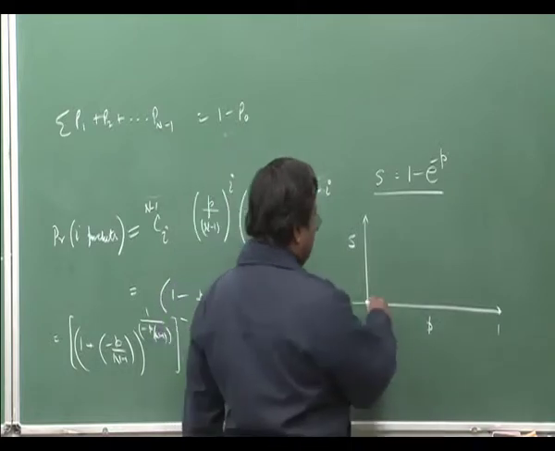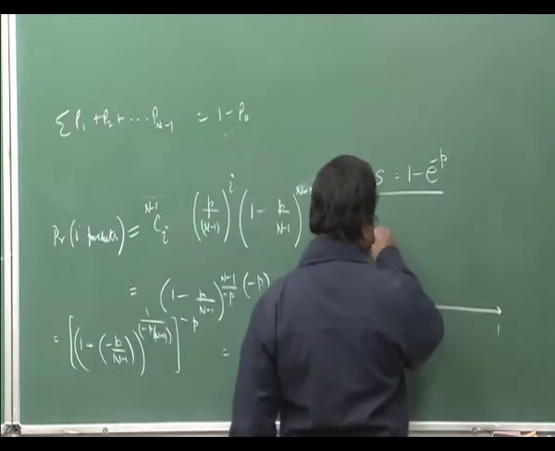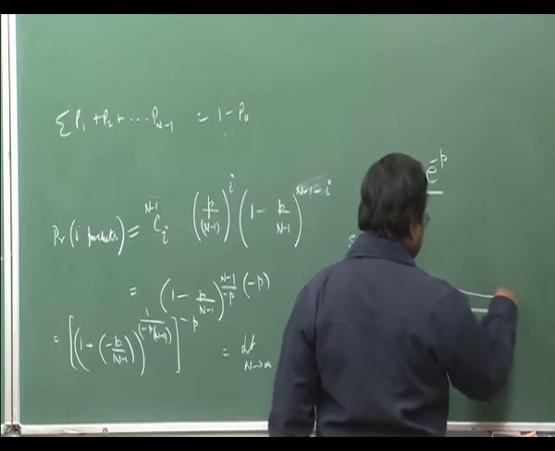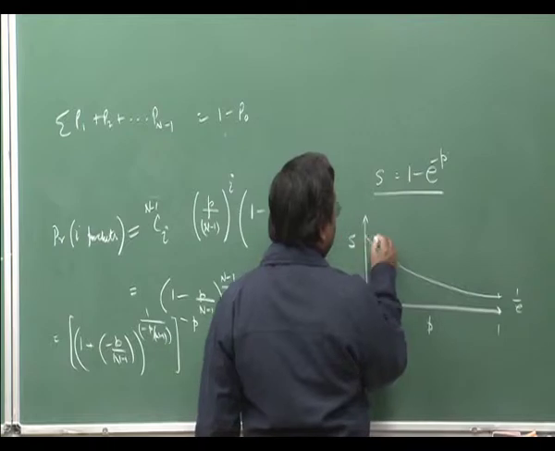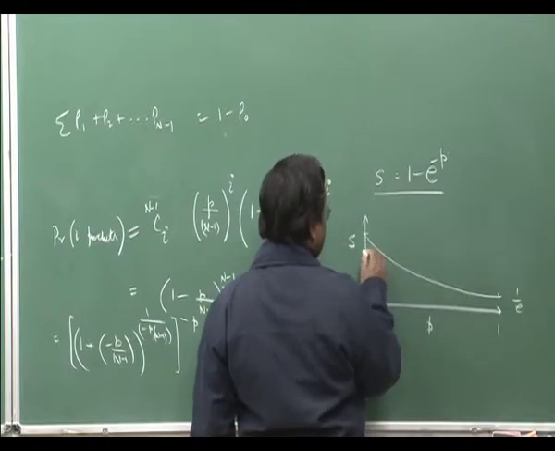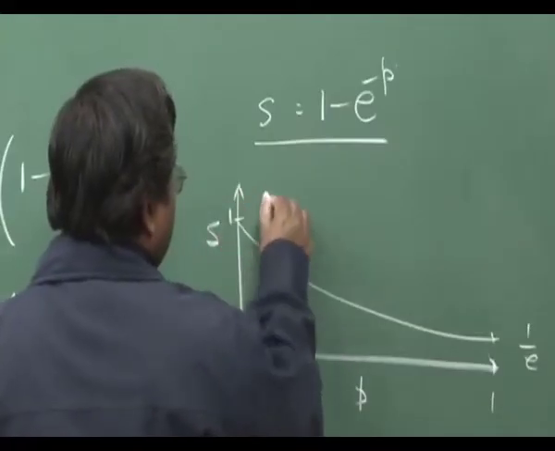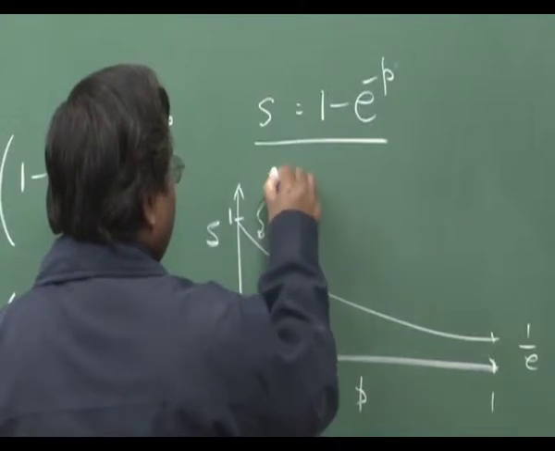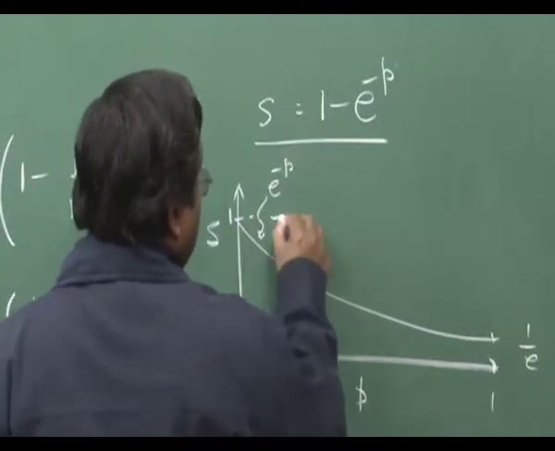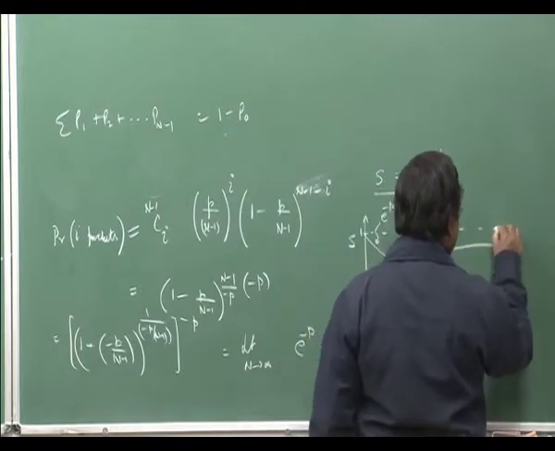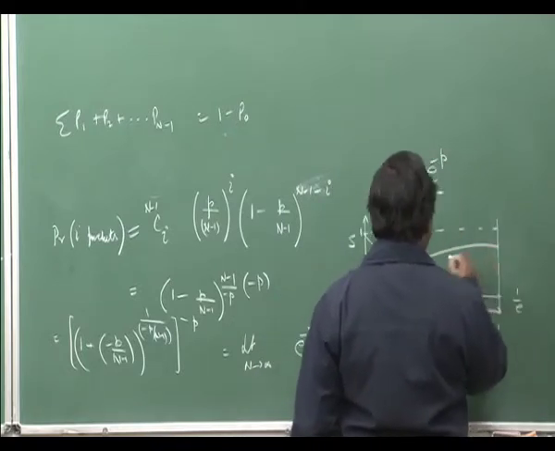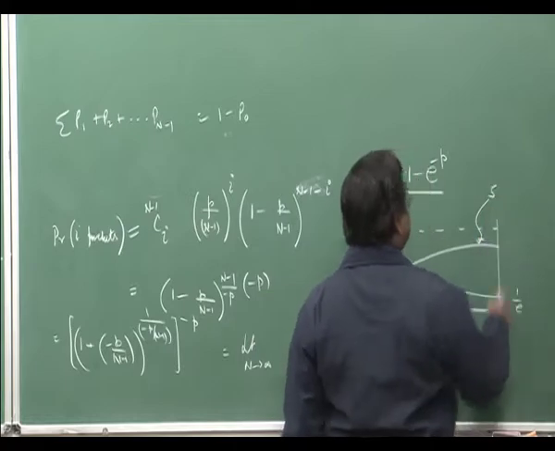So e raised to power minus P is this. So this value is 1 over e. So this is what will be the curve for S.